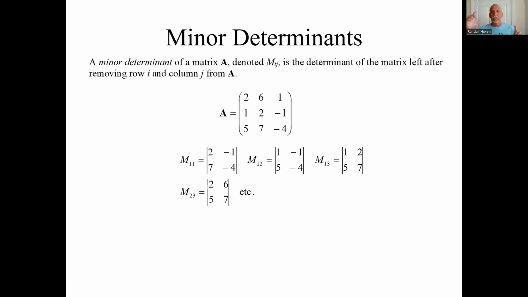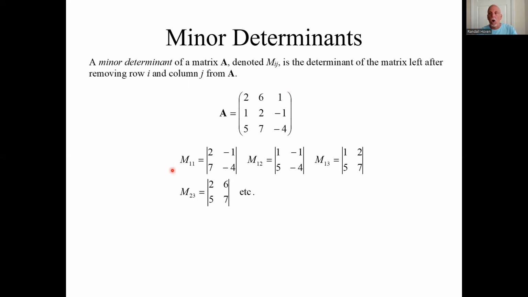To get the bigger matrices, we need to talk about minor determinants and cofactors. A minor determinant is the determinant of the matrix left after you remove a certain row and column. So say this is the starting matrix.